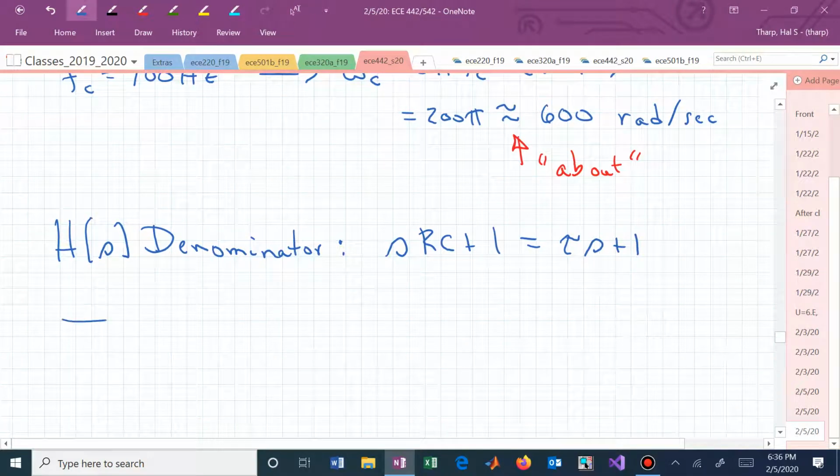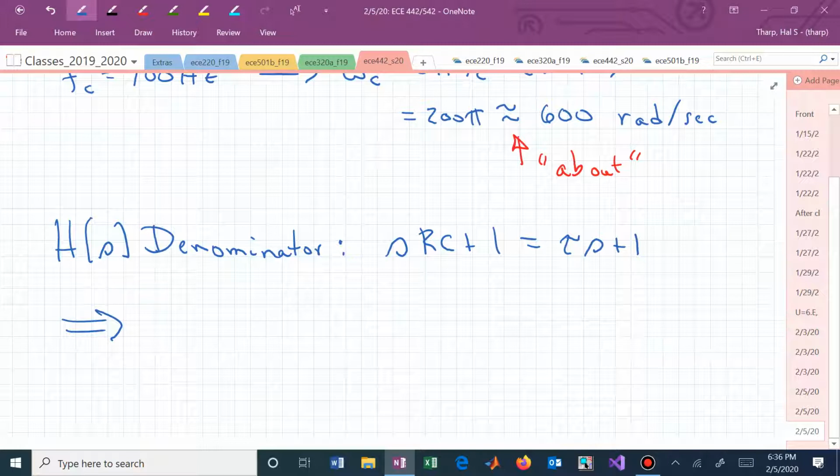But I know my denominator will give me poles. Oh, yeah, and a pole will correspond to a break frequency, and it'll allow my magnitude response to be going down. That's going to give me my bandwidth that I want.